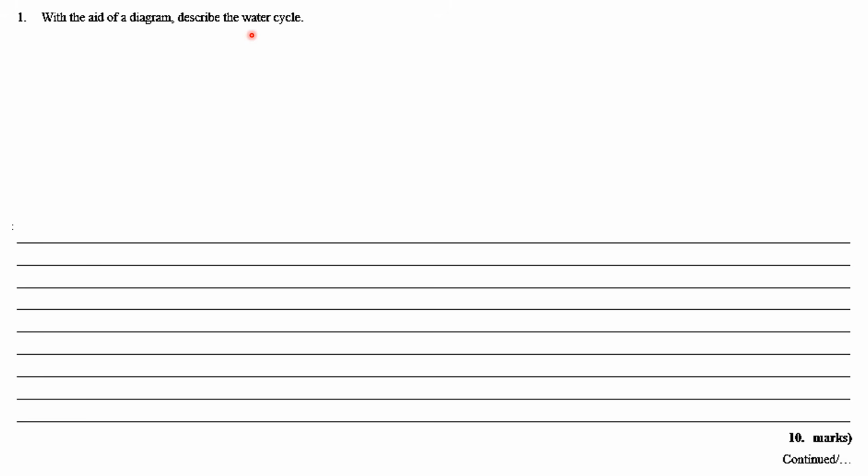Of course, the question did not specify whether the diagram needs to be labeled or not. But let's assume that the diagram needs to be labeled. So we shall describe the water cycle using a labeled diagram, for 10 marks.